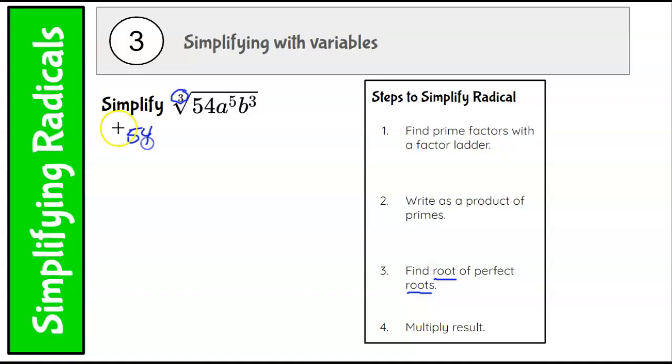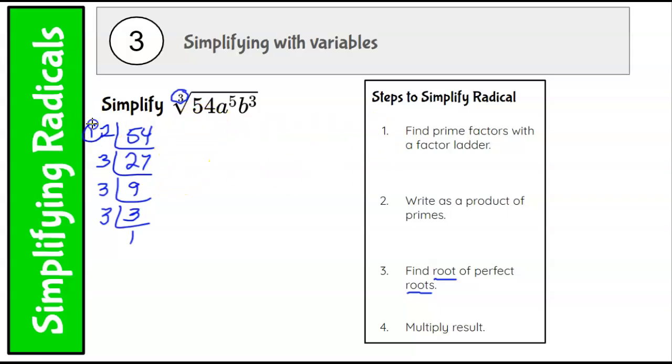Here we go. It's always a good idea at this time to check: 2 times 3 is 6, 6 times 3 is 18, 18 times 3 is 54, just to make sure that you did this step correctly.